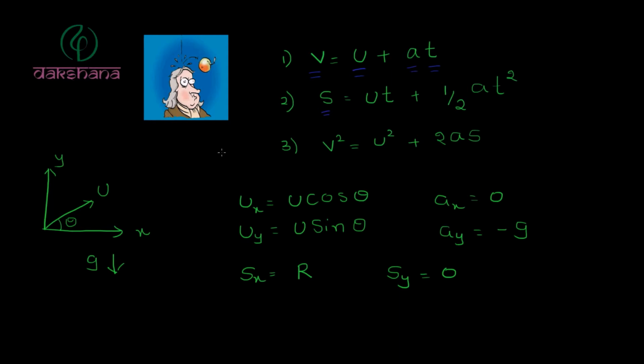And let's assume the time of flight, the time taken by the projectile to cover the range, or the time taken by the projectile motion, is given by t. So these are the notations. Now we will be using the second equation, which is s is equal to ut plus half at square.